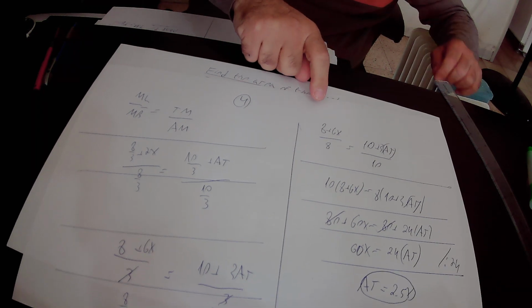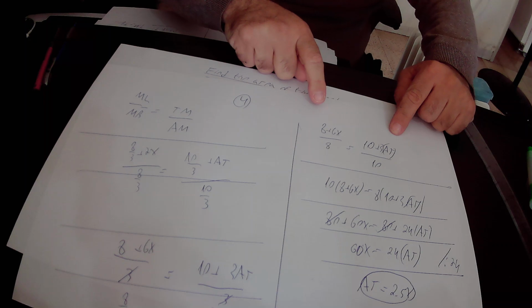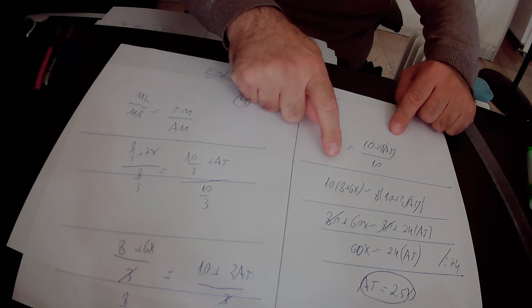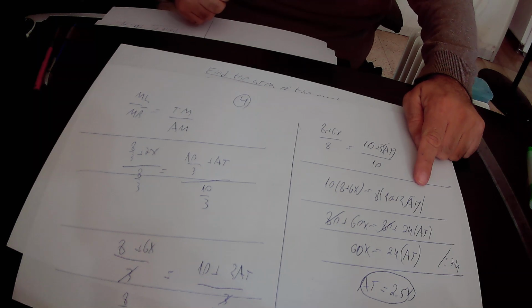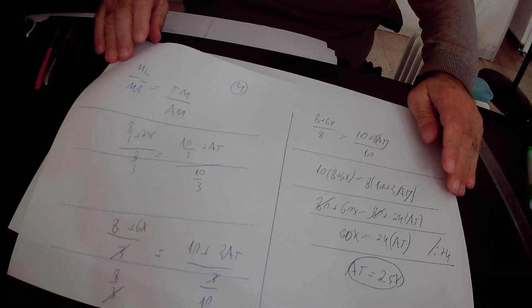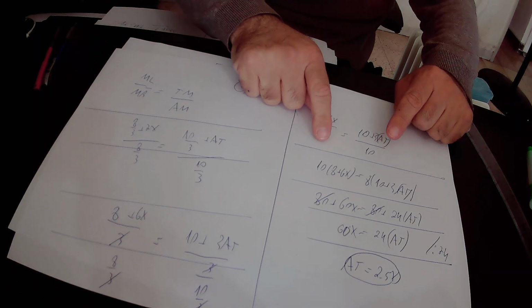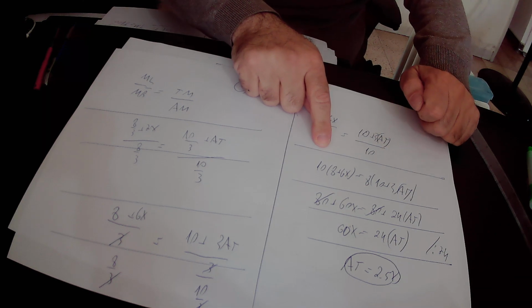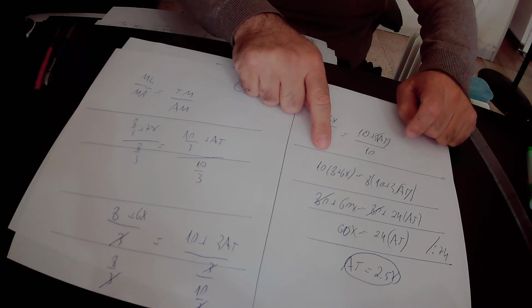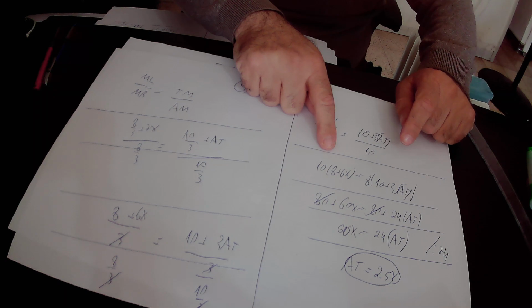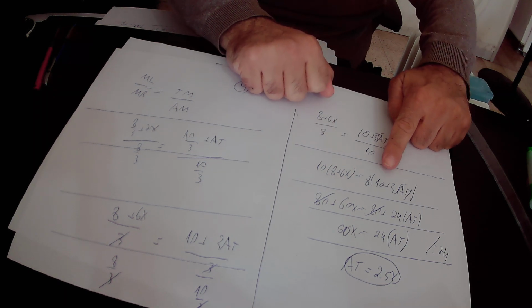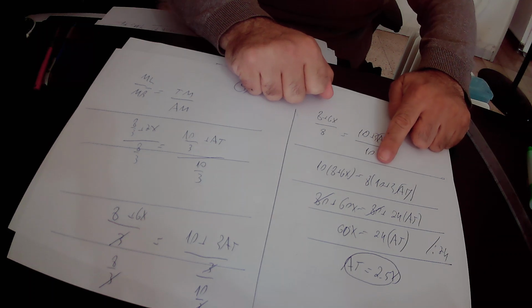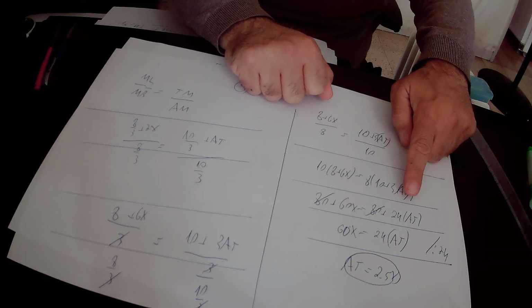Then we cross multiply this equation and found out that 10 times 8 plus 6x equals 8 times 8 plus 380. Then we open the brackets on both sides and found out that 10 times 8 is 80 and 10 times 6x is 60x. It equals 8 times 10, which is 80, plus 10 times 380, which is 2480.